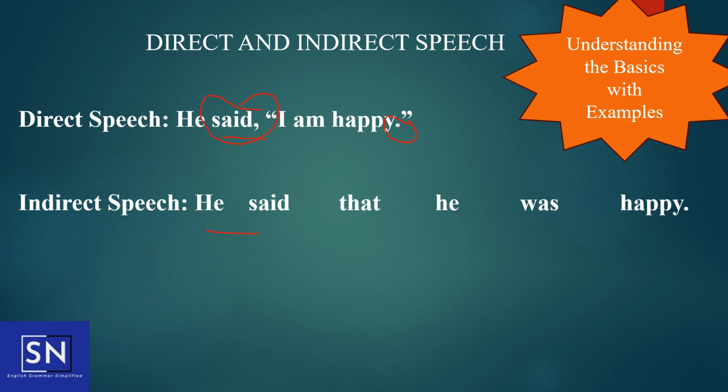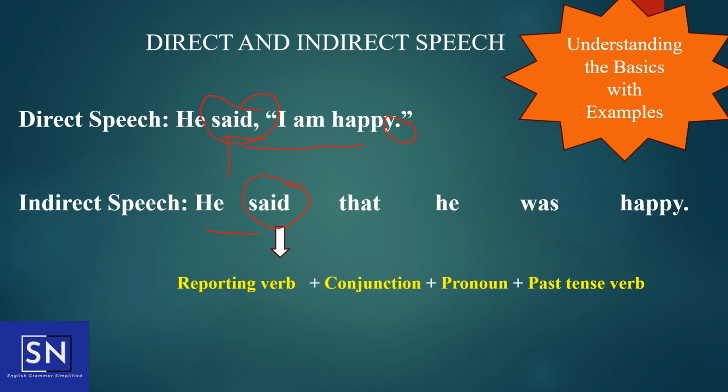So, he said, "I'm happy." It is an assertive or declarative sentence. Then, if you observe here, he said. Said is the reporting verb and we used the conjunction that here, right?